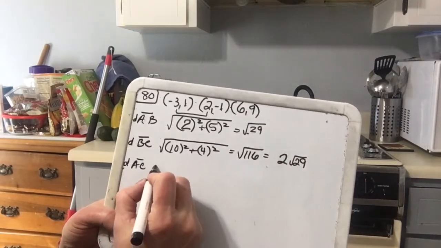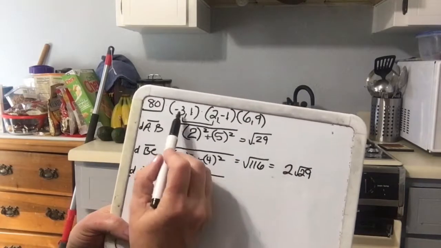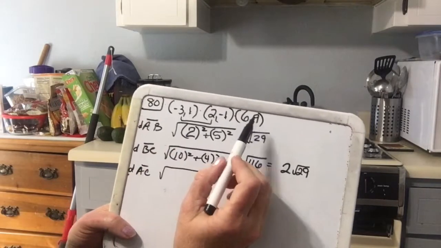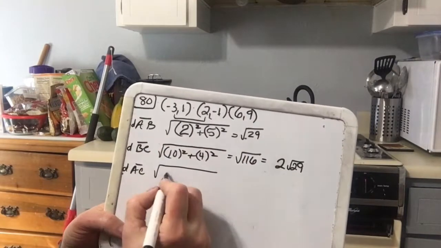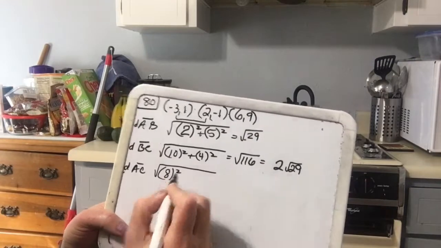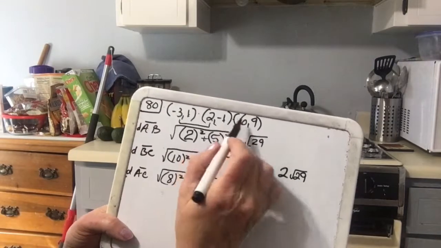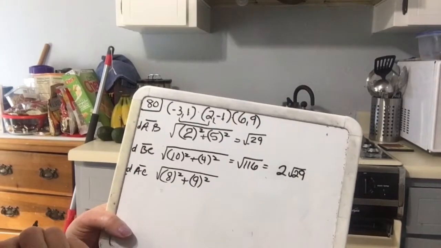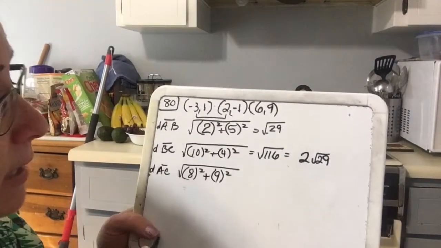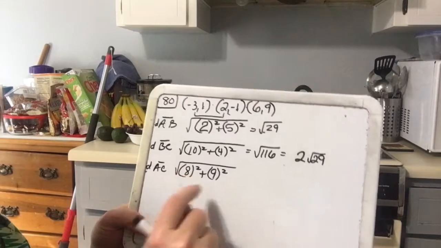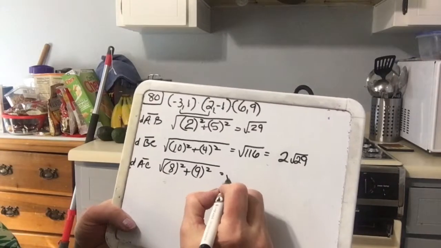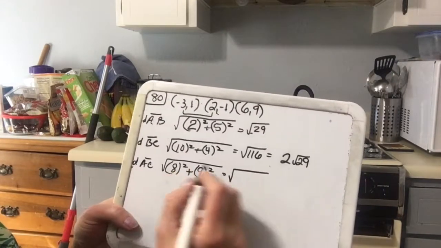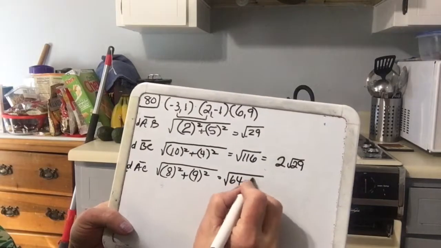Okay, and then lastly, we're going to find the distance between these two. Okay, so between a 9 and a 1 is 8 steps squared. And the distance between a 6 and a -3 is 9 steps squared. Remember, you don't care whether you're getting a +9 or a -9 because you're squaring. So then that's going to be the square root of 64 plus 81.